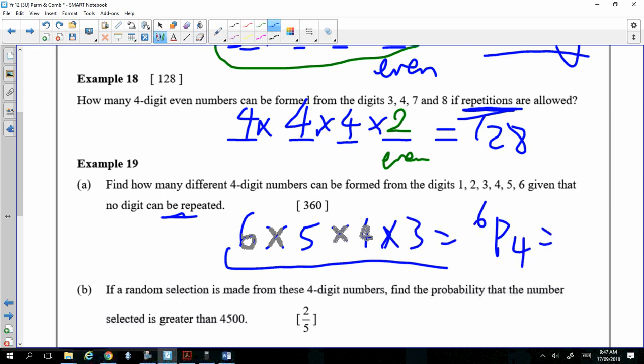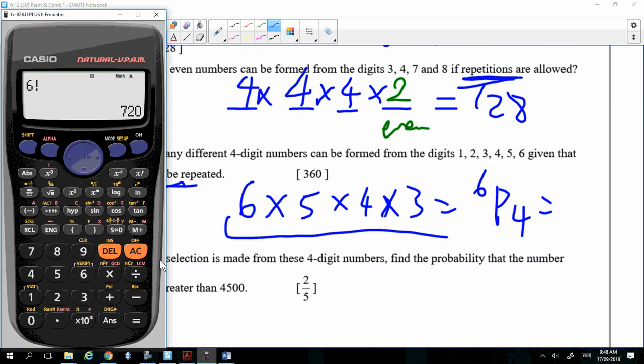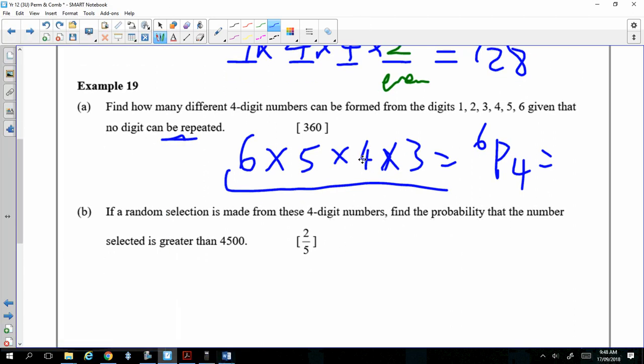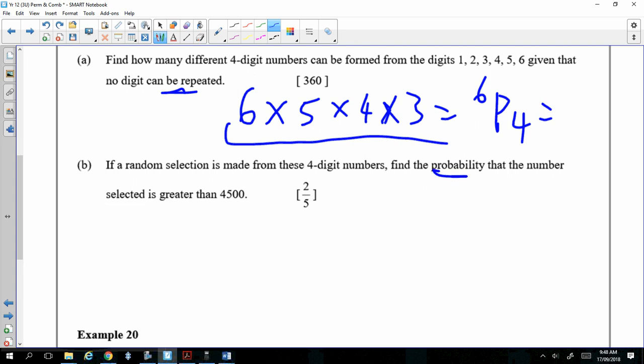Next question. If a random selection is made from these 4-digit numbers, find the probability that the number selected is greater than 4,500. To answer the probability part, find how many numbers are more than 4,500. Because of the restriction, we have to do 2 cases.